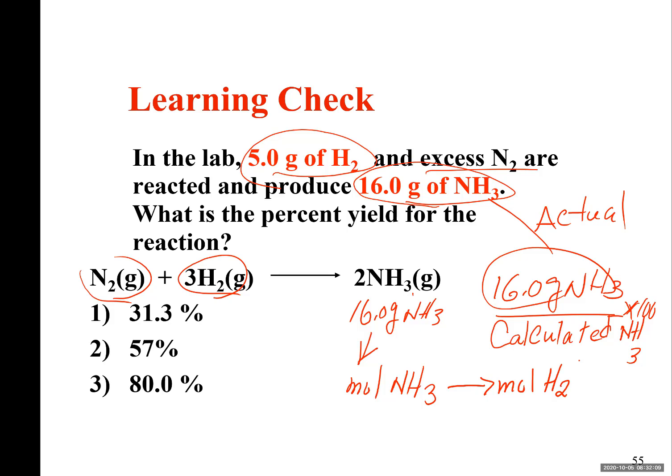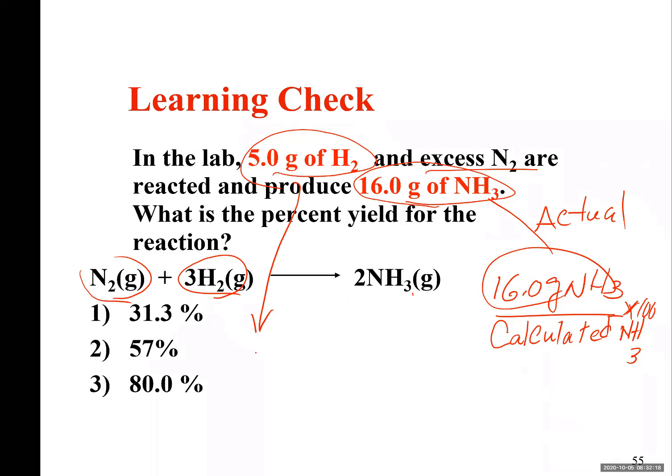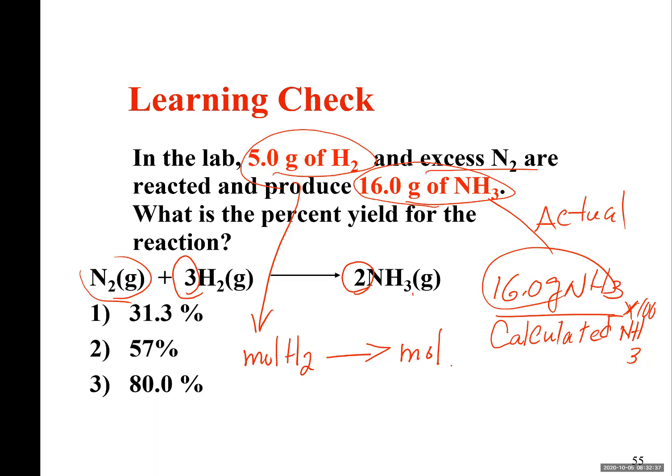I beg your pardon. It's the other way around. Because the amount given by the problem is 5 grams of H2. So I convert this to moles of H2. Then there is a relationship between the number of moles of H2 and the number of moles of ammonia. See, every 3 moles of hydrogen is producing 2 moles of ammonia. So I can convert this to moles of NH3.